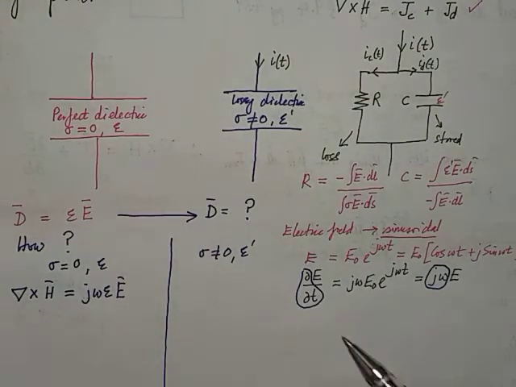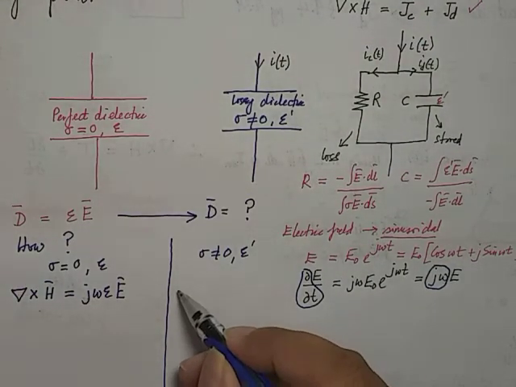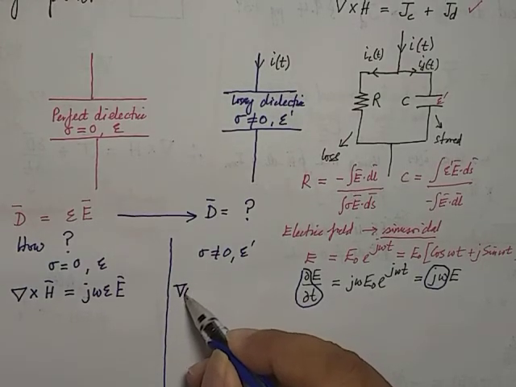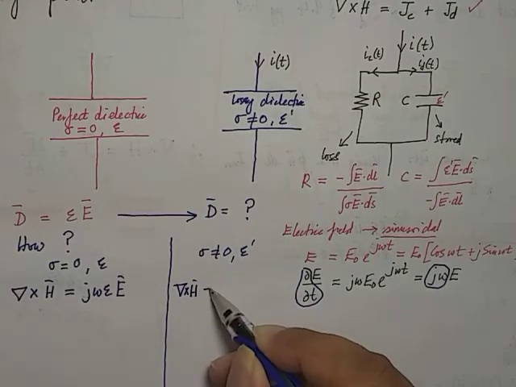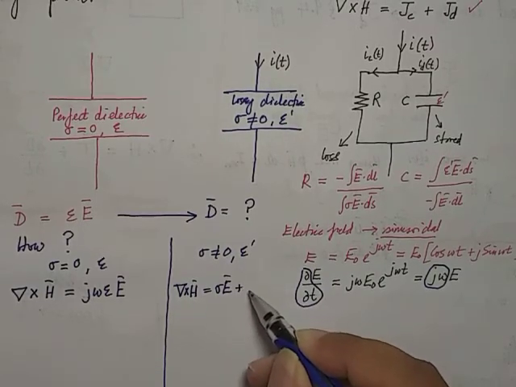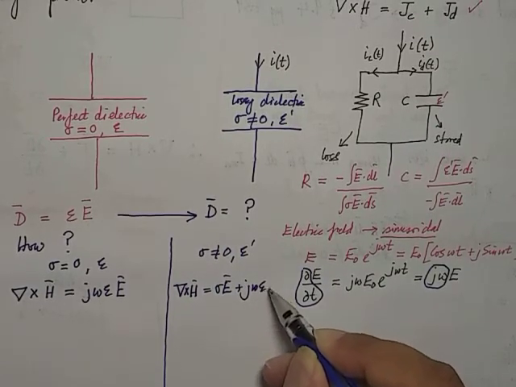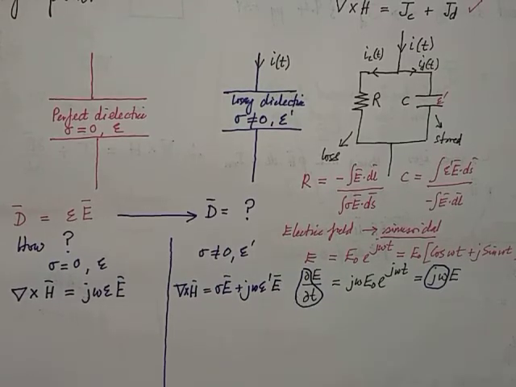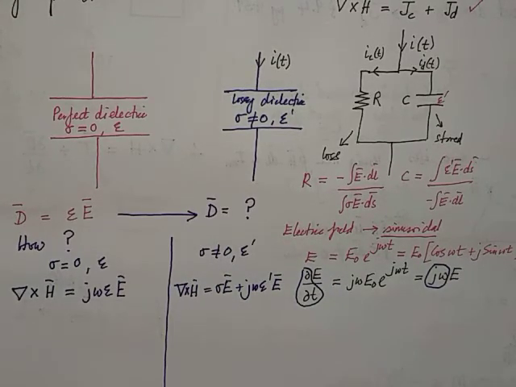Good. And for the lossy, the curl of H now is going to be equal to sigma E plus j omega epsilon prime E. Because lossy, the sigma value is not equal to 0.